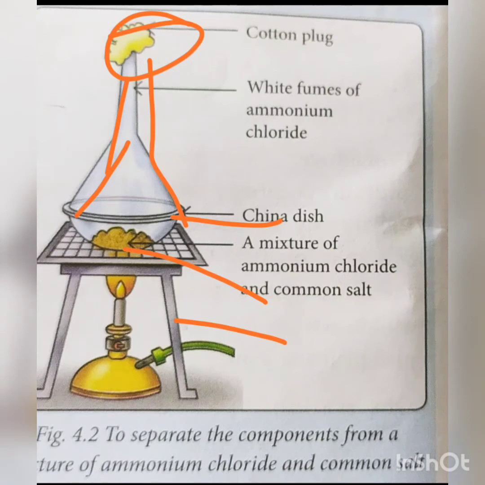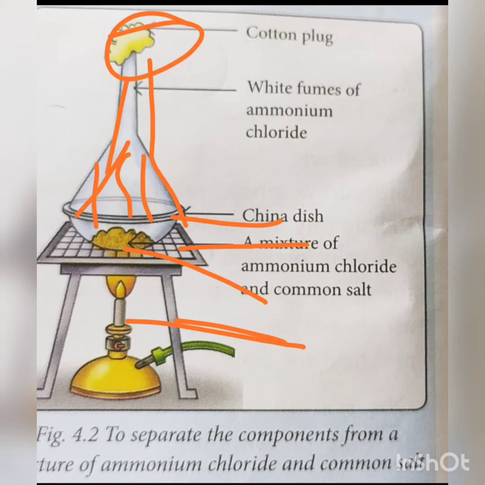Heat the china dish over the wire gauze till white fumes evolve from the mixture. These fumes are caused by the sublimation of ammonium chloride. Stop heating and let it cool.